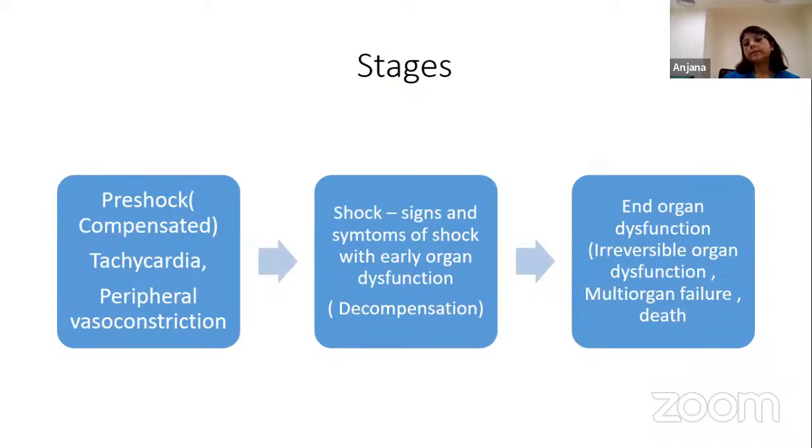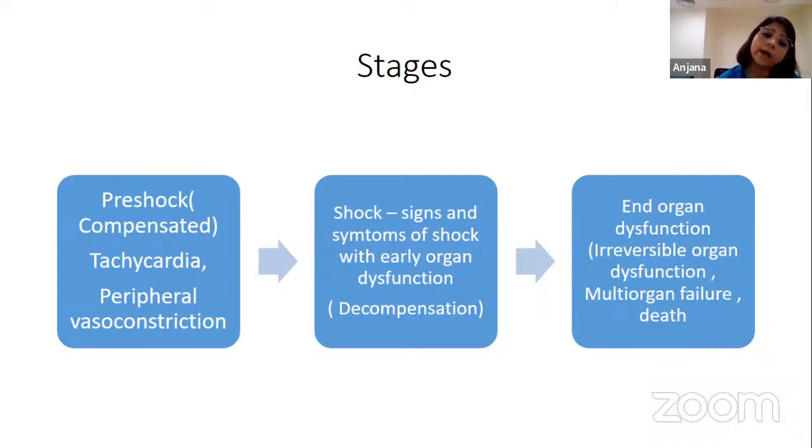Now, stages of a shock. Different patients will come to the ICU at different stages. You will see a patient in pre-shock. I think that is the time when you have to act on the patient, as the patient will be in a compensatory state, with compensatory mechanisms working. Your BP will be maintained, but the patient will be tachycardic. You will see a toxic look on the patient, who will look sick, but blood pressure may be normal.